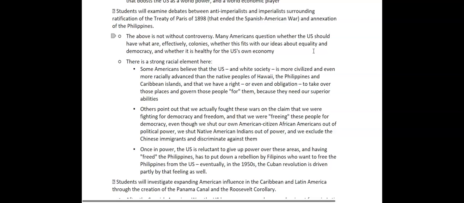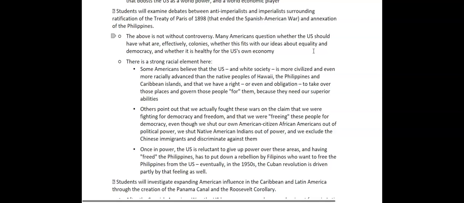Others point out that we actually fought these wars on the claim that we were fighting for democracy and freedom, and that we were freeing these people for democracy, even though we shut our own American citizens, African Americans, out of political power, we shut Native Americans out of power, we exclude the Chinese immigrants, etc. Once the United States is in power, we are reluctant to give it up.